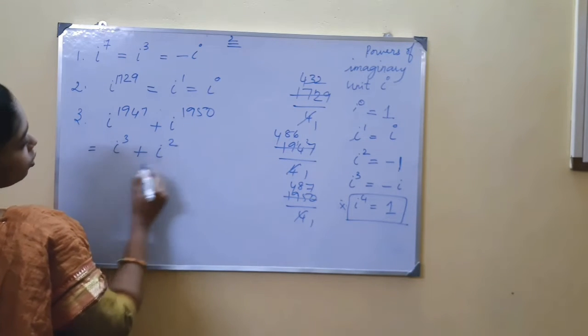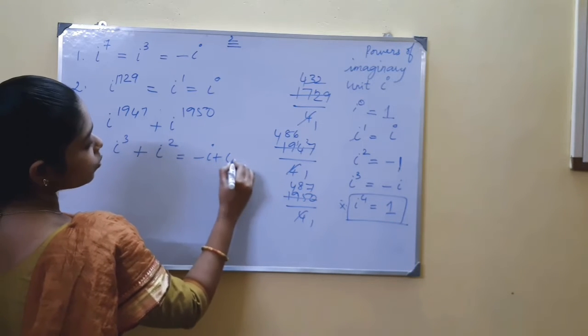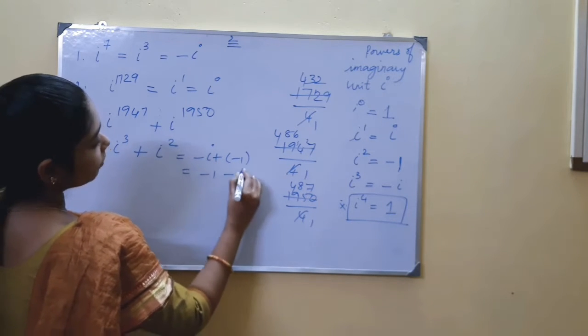So i to the power 2. So what is i to the power 3 value? Minus i. i to the power 2 value is minus 1. So I can write this as minus 1 minus i.